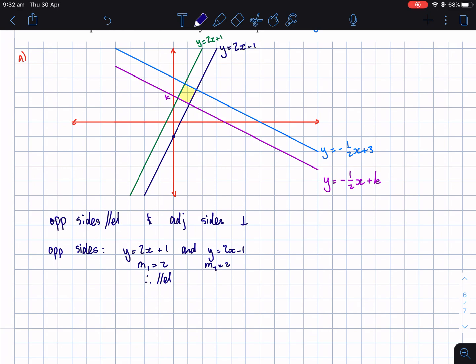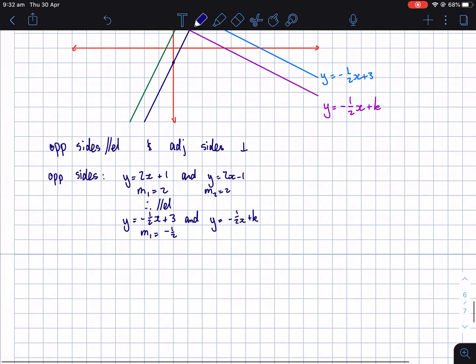And let's do the others. y equals negative a half x plus 3 and y equals negative half x plus k. The gradient of the first one is negative a half. The gradient of the second one is negative a half. Therefore, they're parallel. And now let's prove that the adjacent sides are perpendicular.